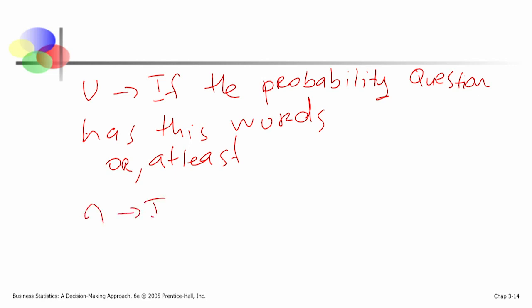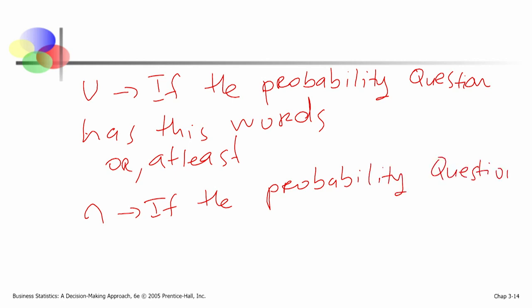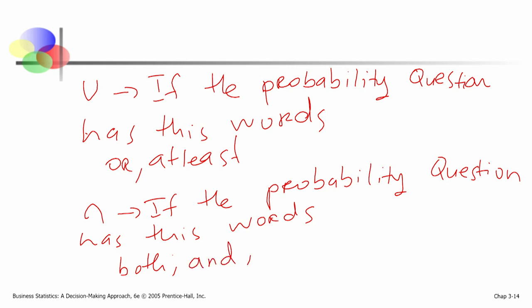If the probability question has the words "both", "and", or "but", you use the intersection.